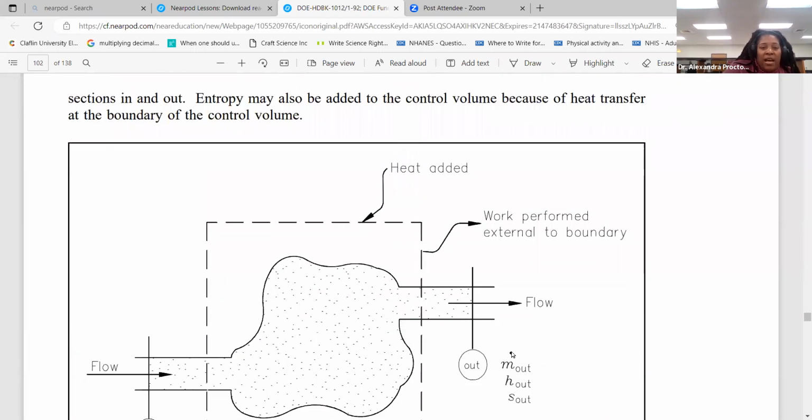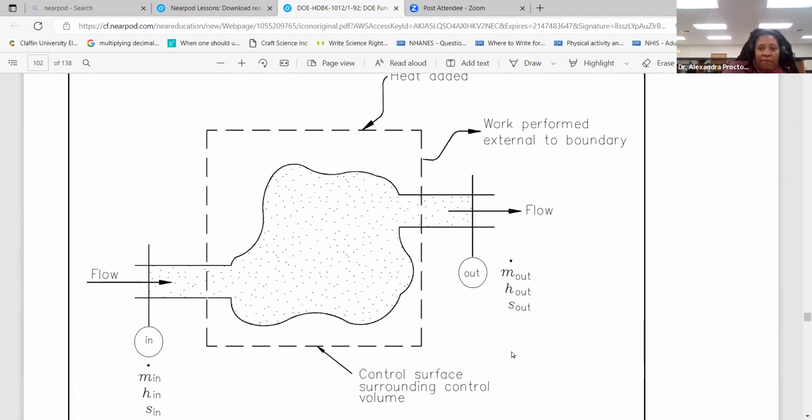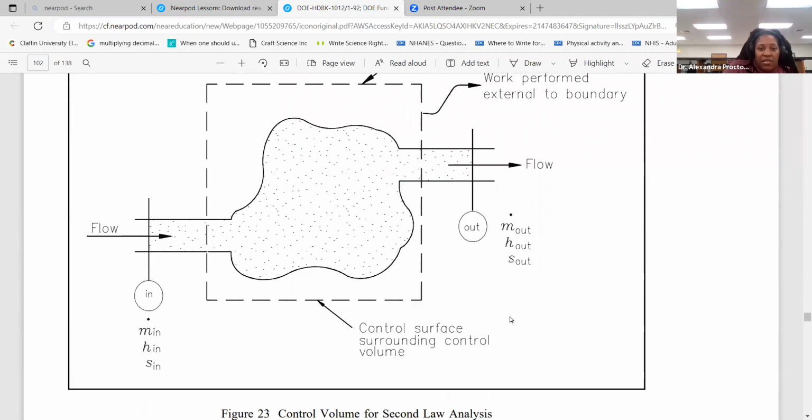And entropy may also be added to the control volume because of the heat transfer at the boundary of the control volume. So this is just a graphical representation of that.